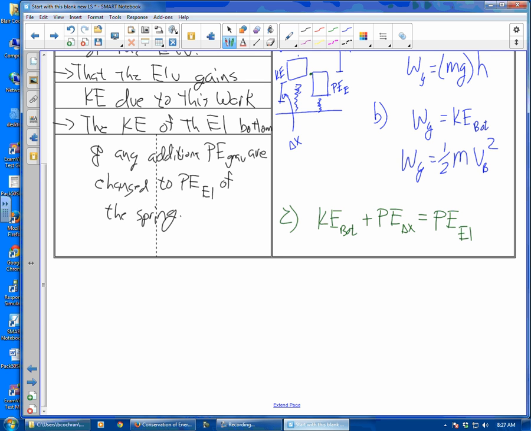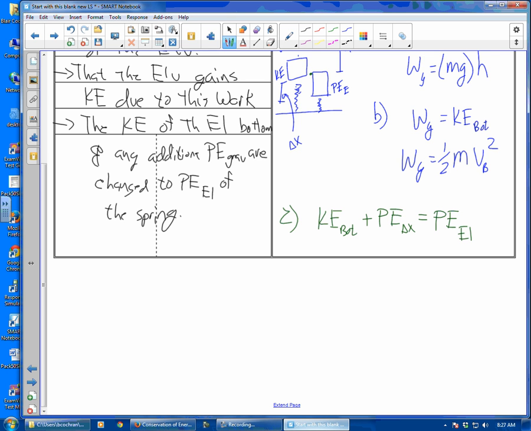So it not only has some energy because of the work done on it by gravity in the form of kinetic energy, it also changes its position more, so it gets rid of more gravitational potential energy, all that going into the spring.